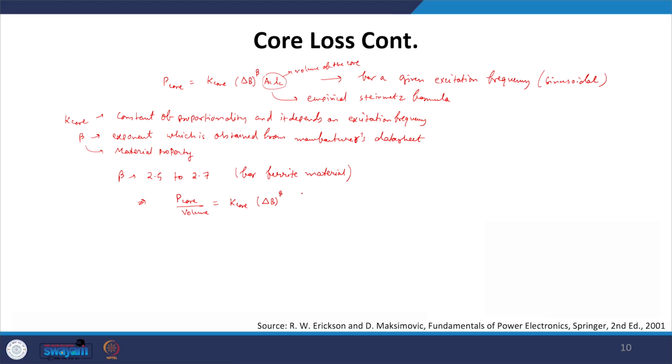Again this is for a particular excitation frequency, and that excitation is the sinusoidal excitation. Generally the manufacturer provides this core loss per unit volume curve with respect to various values of delta B, where delta B is the peak value of AC flux density.